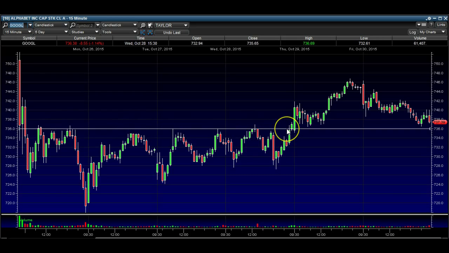Okay, and so another thing that goes along with support and resistance is the length of time that a resistance line or a support line has been in place and has been valid, as well as the amount of touches.